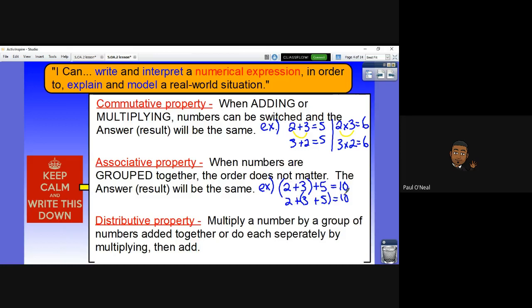Now, of course, we have the distributive property. Distributive property is when you multiply a number by a group of numbers added together, or you do each separately by multiplying, then add.